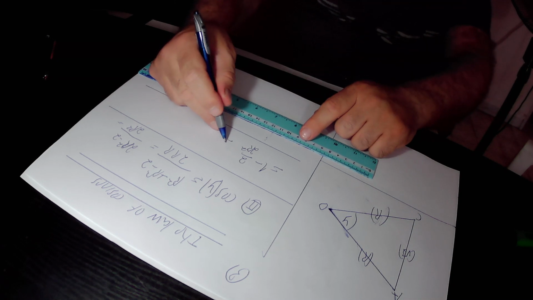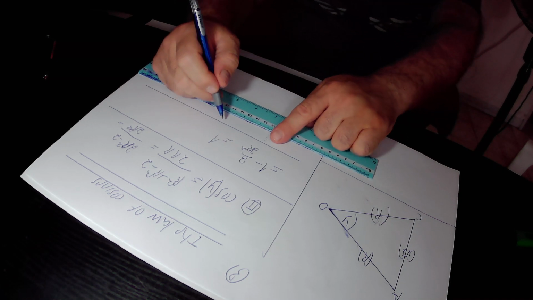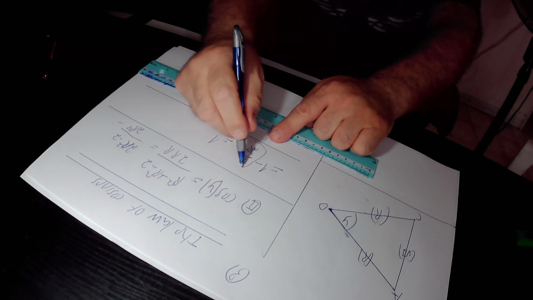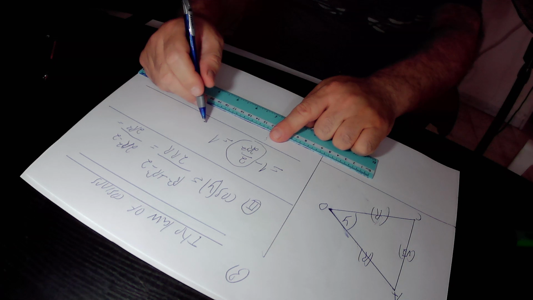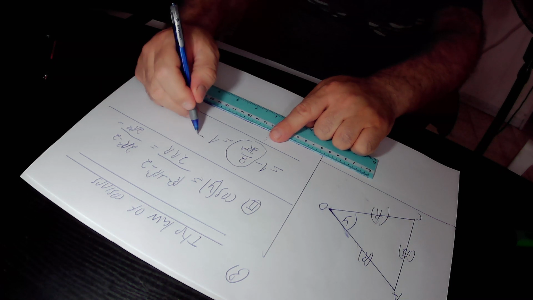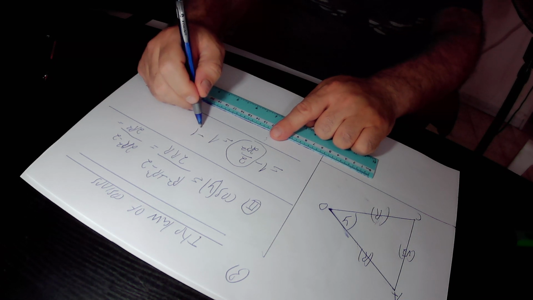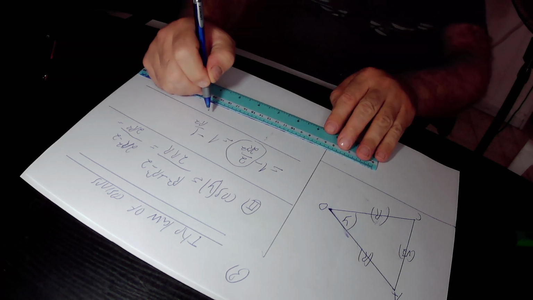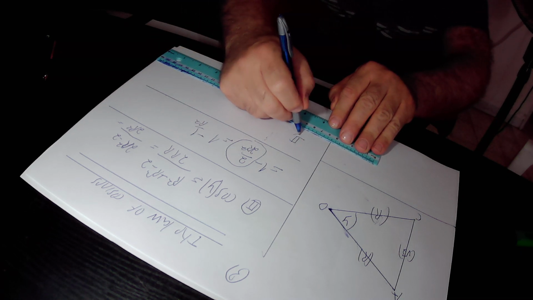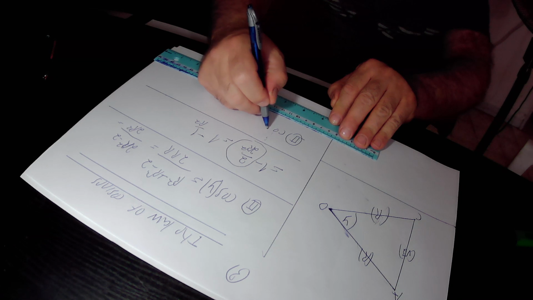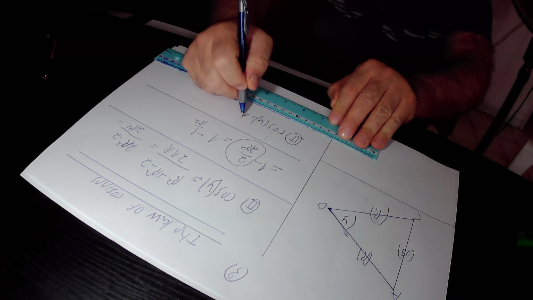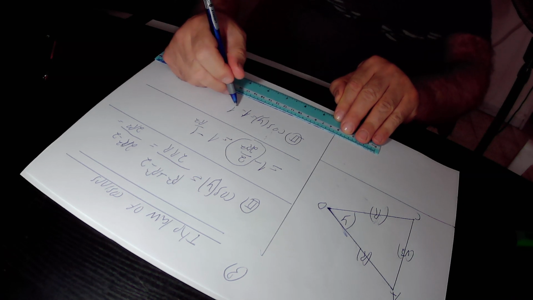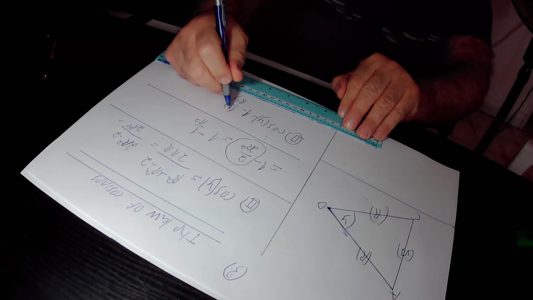So cosine y equals 1, and we divide both the numerator and the denominator of this expression by 2. Minus 2 over 2 is minus 1, and 2R squared over 2 is R squared. So in conclusion, according to equation 2, cosine y equals 1 minus 1 over R squared.